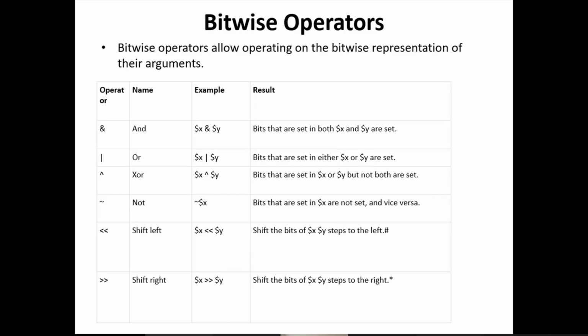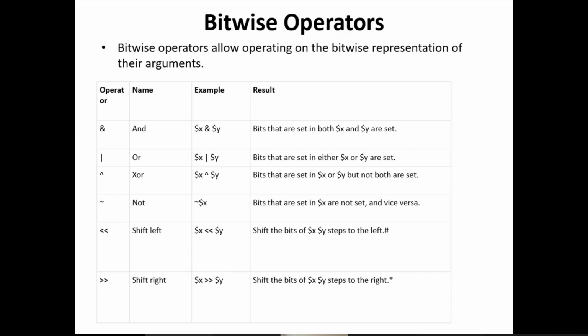The first column gives the symbolic representation of an operator, then the example and the result show how this operator is used. With the AND operator, $x & $y, the bits that are set in both $x and $y are set. Then $x | $y, the bits that are set in either $x or $y are set.